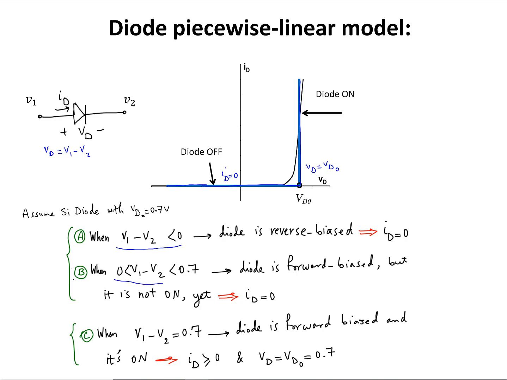When VD is a positive value but less than 0.7 volts, the diode is forward biased, but it's not on yet. As a result, ID is equal to 0. When V1 minus V2, or VD, is equal to VD naught, the diode is forward biased and on. As a result, ID is going to be greater than or equal to 0, and the voltage across the diode is going to be a constant value equal to 0.7 volts.